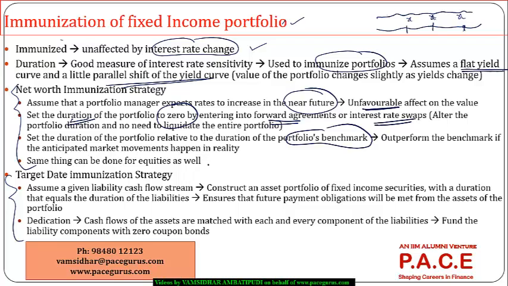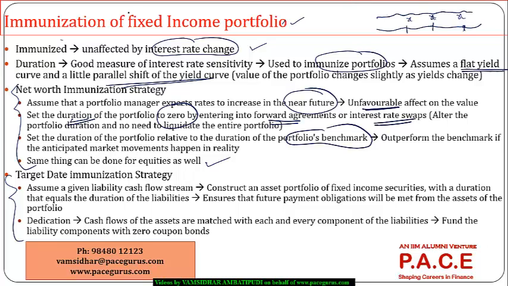The same thing can be done even with equities kind of securities as well. So this is what we are calling an immunization strategy. If at all there is a small change in interest rates, with this immunization strategy we don't find the value of our portfolio to be either drastically falling or drastically increasing because we have almost immunized our portfolio.